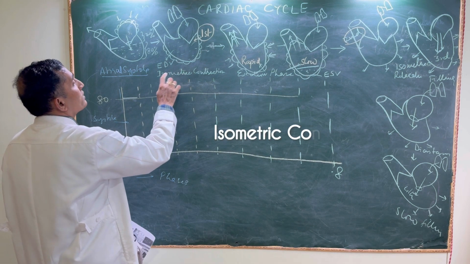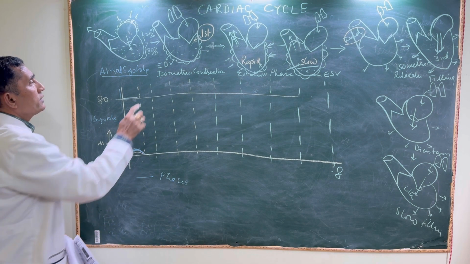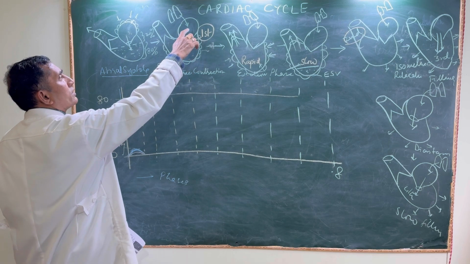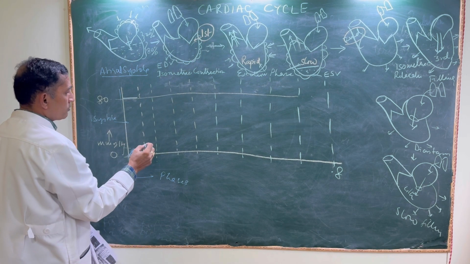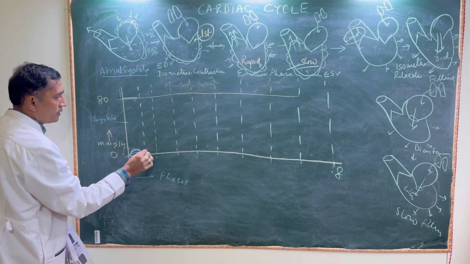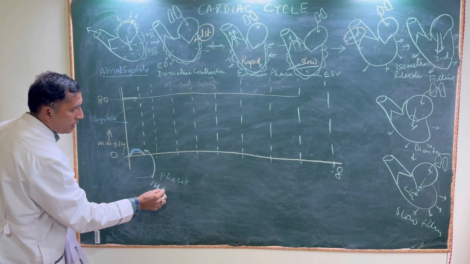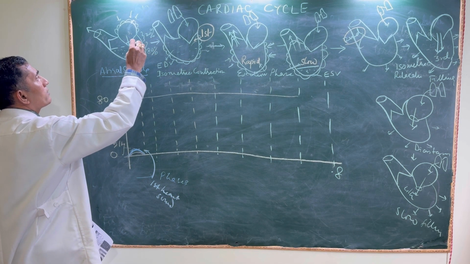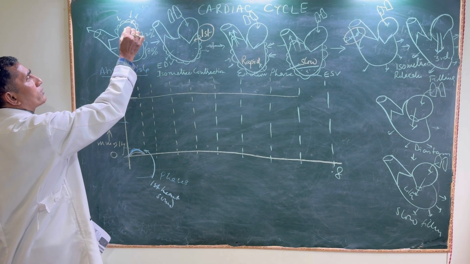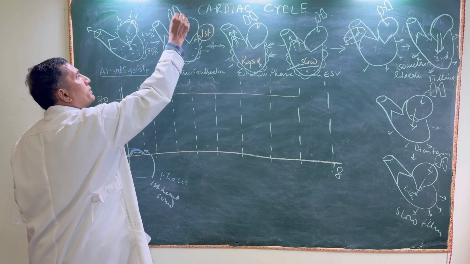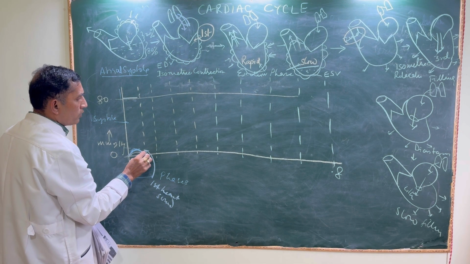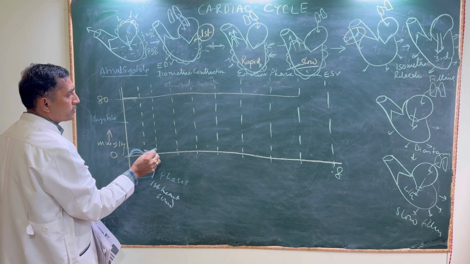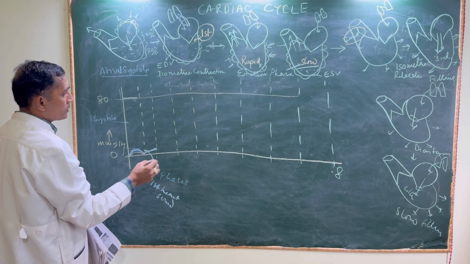Now the next stage is the isometric contraction period. In this period, the ventricular systole has started. With the closing of the valve, here we have the first heart sound. The blood keeps entering the left atrium, so the volume increases here.